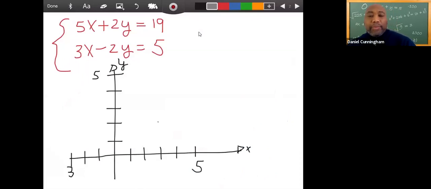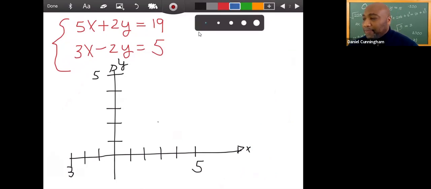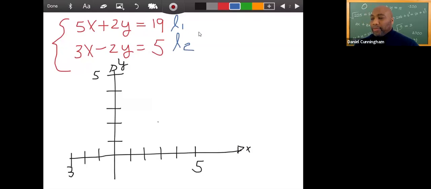So looking at this whiteboard, I rewrote the same equations. And what I'm going to do is use the graph approach. Again, the graph approach just gives us an idea of the solution. It may not be the best way of getting the exact solution, but at least it gives us an idea. So let me call this L1 and L2. For L1, if I graphed it, I may end up with a line like this.